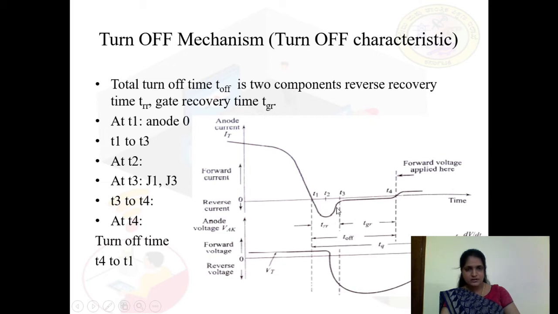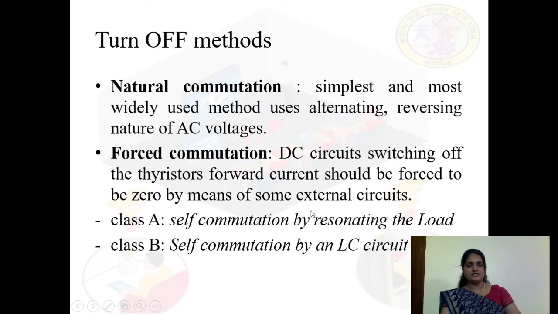At T1 exactly, the anode current is zero, and between T1 and T3 the anode current flows in the reverse direction. At T2, the next stage, the reverse anode voltage is developed and the reverse recovery current continues to increase.